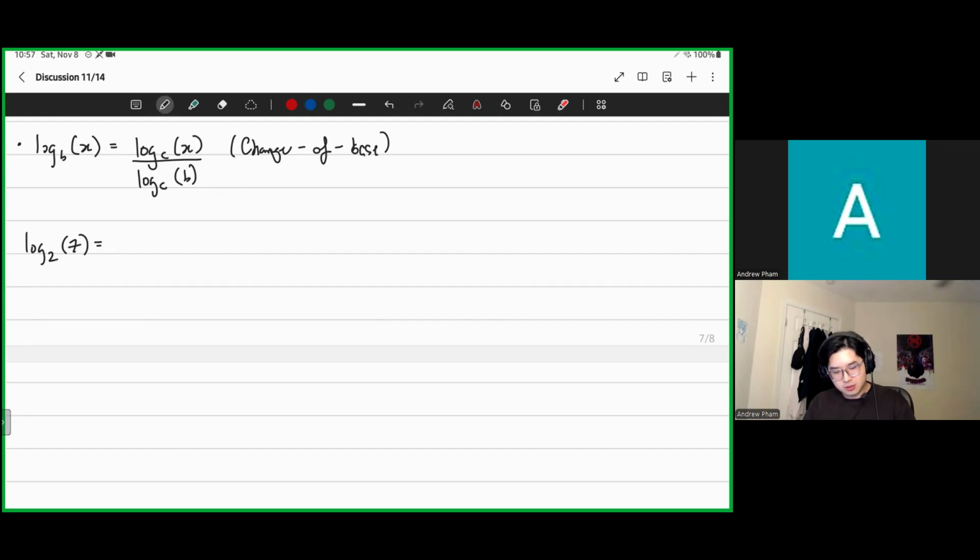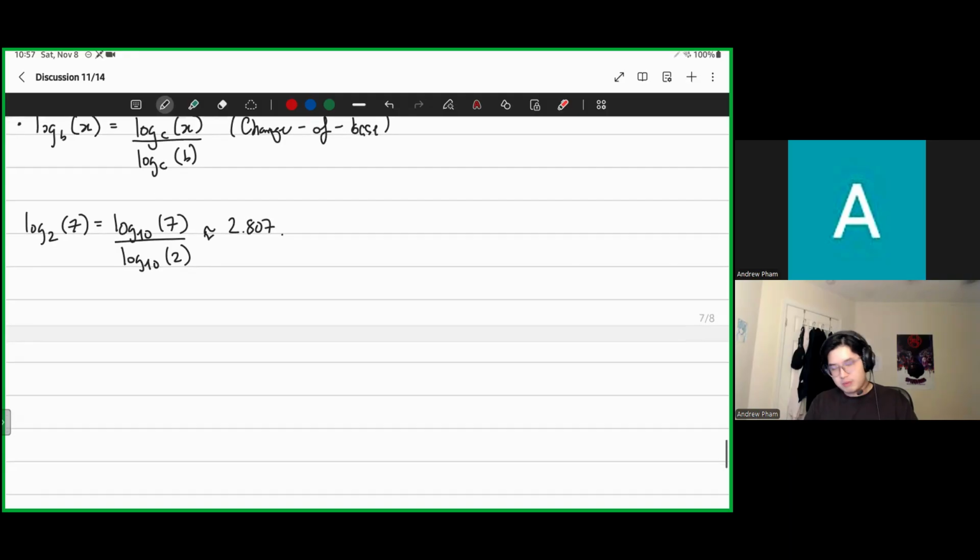So by the change of base formula, I can say log base 2 of 7 is equivalent to saying log base 10 of 7 divided by log base 10 of 2. Okay? So you can compute this out on your calculator, and you should get approximately 2.807.